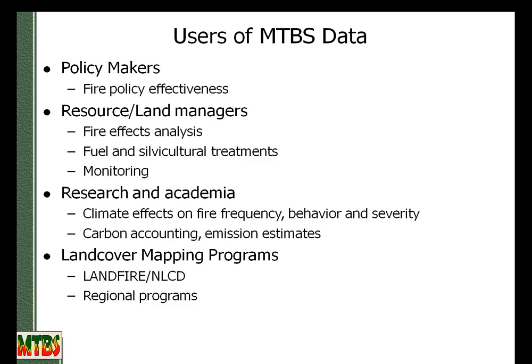And then again, research and academia. There's a lot of possible research you can do with this data. You can look at effects of climate, carbon accounting, emission estimates, and land cover mapping. This is how the LANDFIRE program is keeping their fuels data current. It's the exact same thing we're doing with Katie, only they're applying it at the national level.